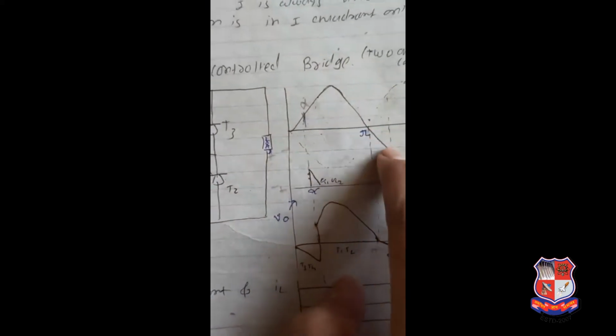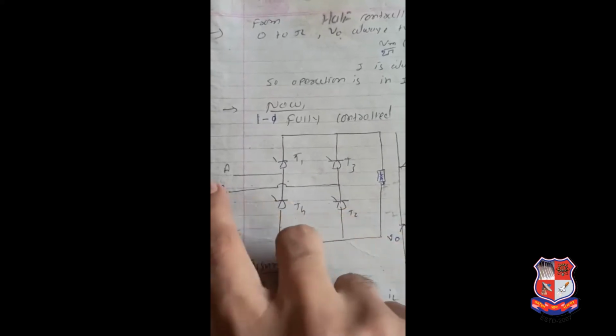The supply voltage is negative, but T1 and T2 are still on because of the stored energy in the inductor. As I told, our load current is constant and ripple free, which means it is continuous conduction mode. The supply voltage opposes T1 and T2 and tries to turn them off, but the stored energy in the inductor of the load keeps T1 and T2 turned on.